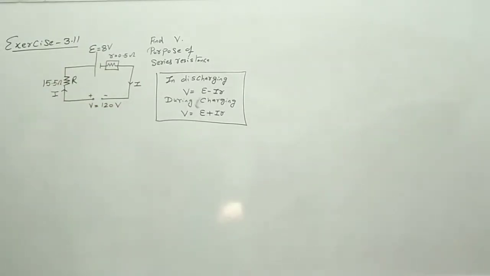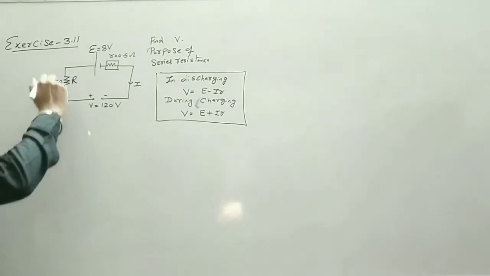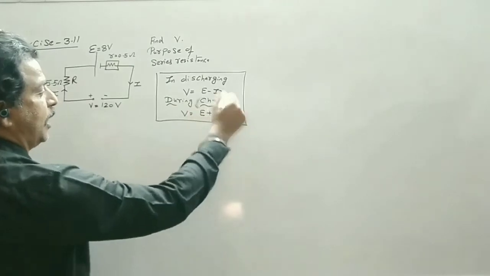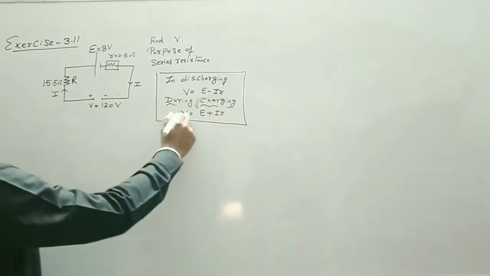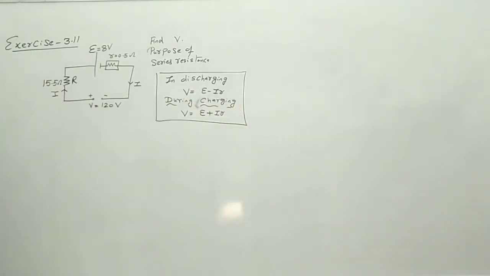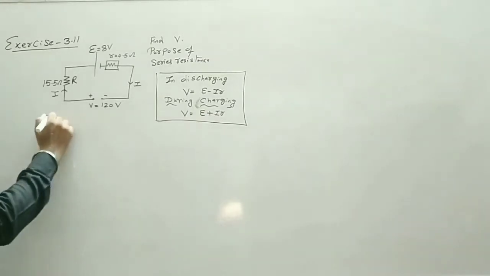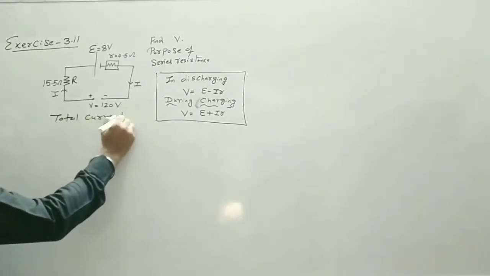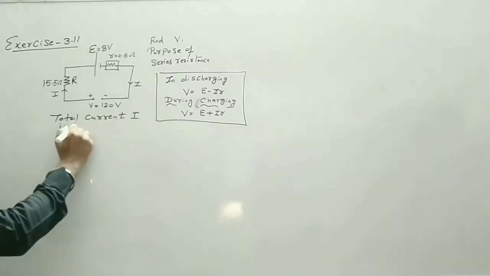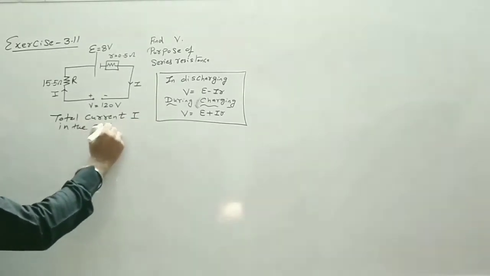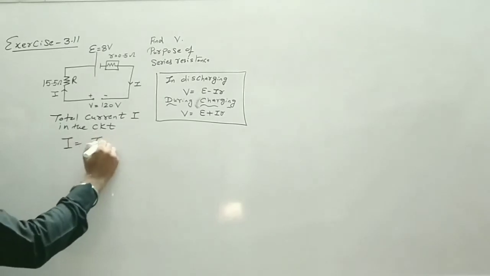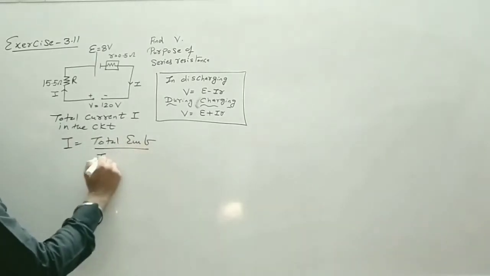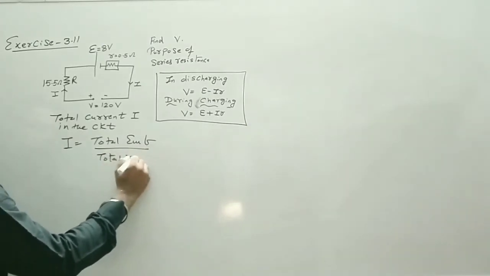So first I will find the total current I in the circuit, and because the cell is being charged, the terminal potential difference can be written as E plus Ir. The total current I is equal to total EMF divided by total resistance.